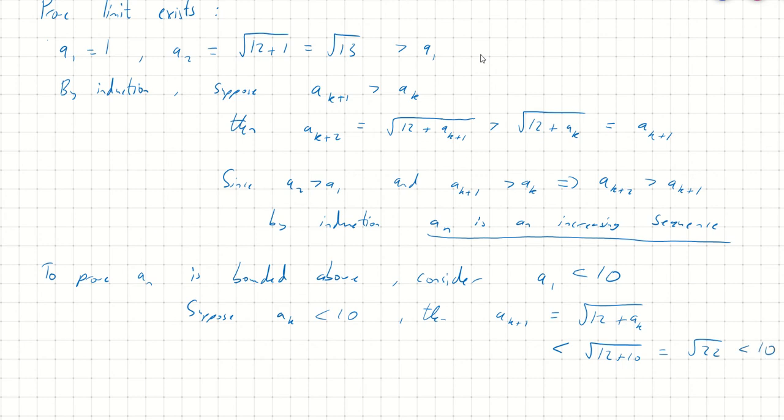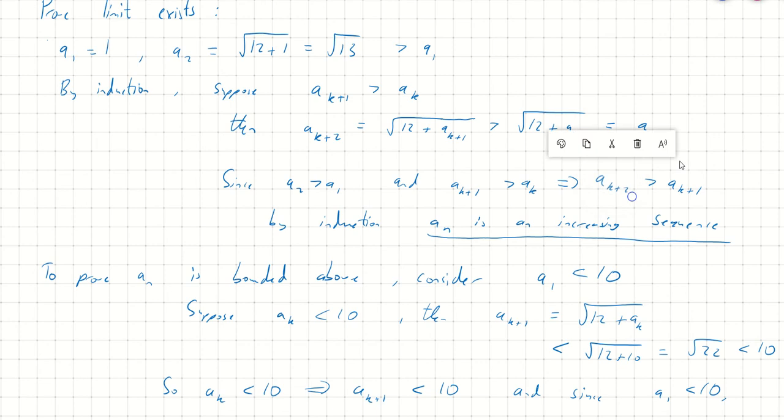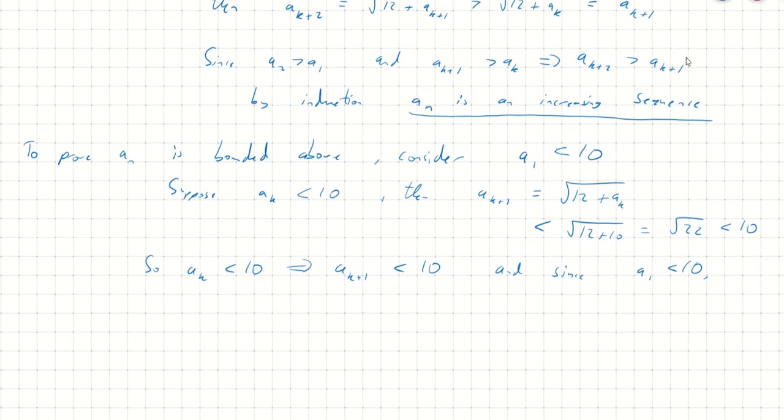So a(k) less than 10 implies a(k+1) is less than 10, and since a1 is less than 10, then a(n) is less than 10 for all n by induction.